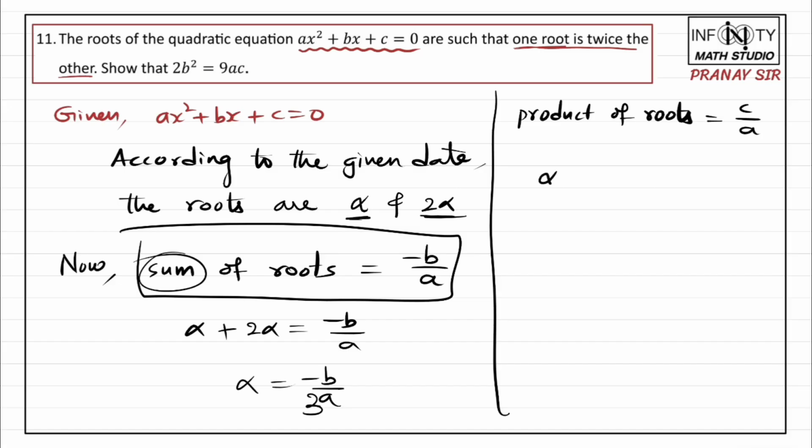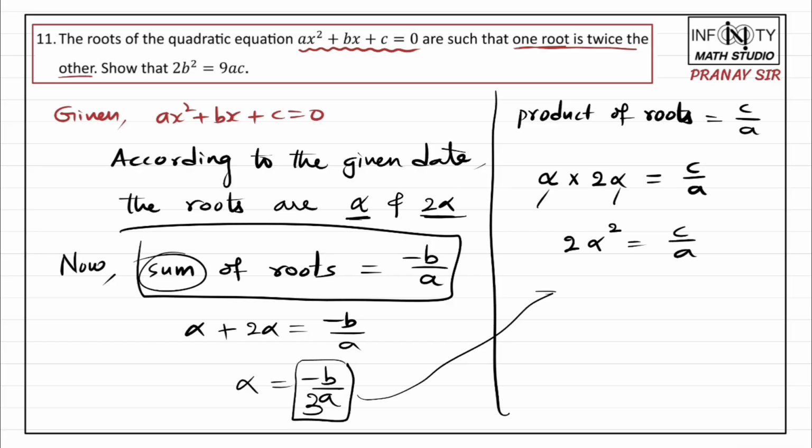Product of the roots in the sense alpha into beta you may consider, but in the place of beta we considered 2 alpha. So alpha into 2 alpha is equal to c by a. Alpha into alpha, 2 alpha square, is equal to c by a. But alpha is equal to what? This one. Here I substitute: 2 into minus b by 3a whole square is equal to c by a.